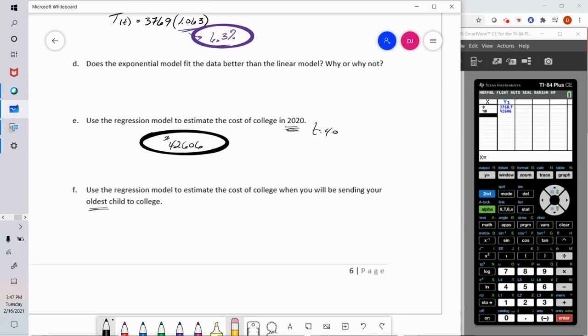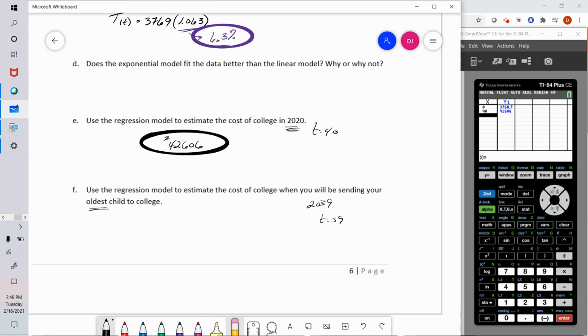For me, I'm going to use as an example my grandchild. I have a grandchild who's a month old, and so she'll be going to college 18 years from now. That would be the year 2039. So in 2039, T would be 59, right? Because that's 59 years after 1980.